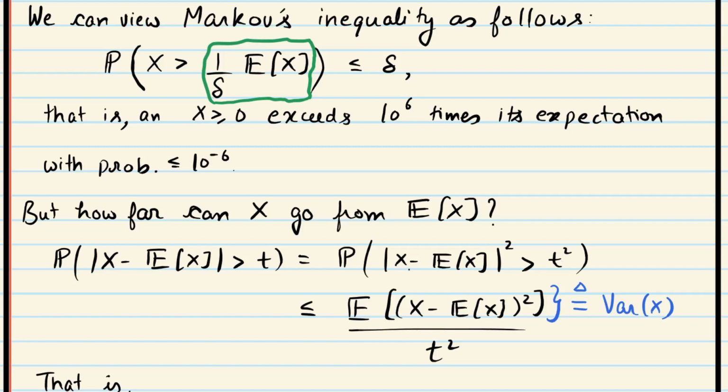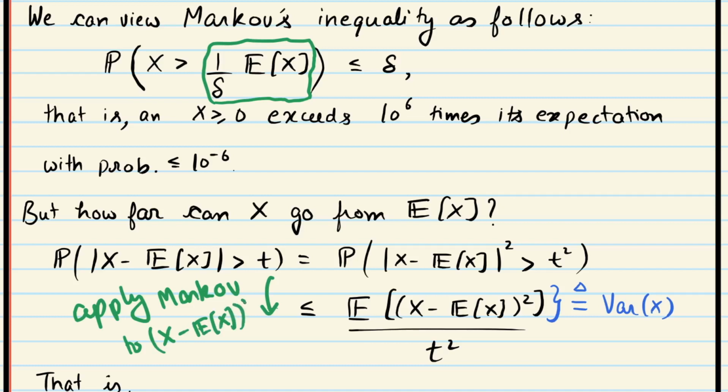When we do that, we get the probability that (x minus expected value of x) squared is greater than t squared. So we get this. How do we get this? We get this by applying Markov inequality to (x minus expected value of x) squared.